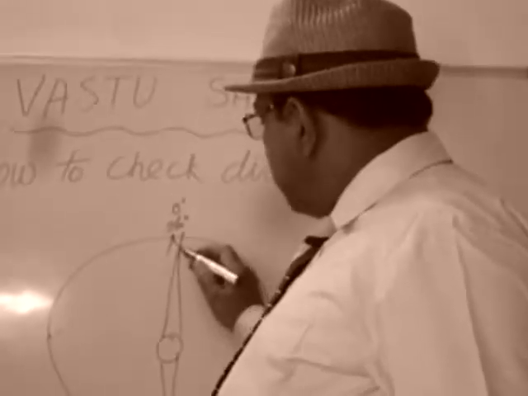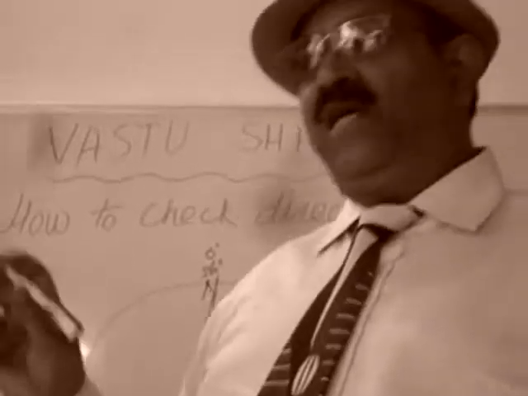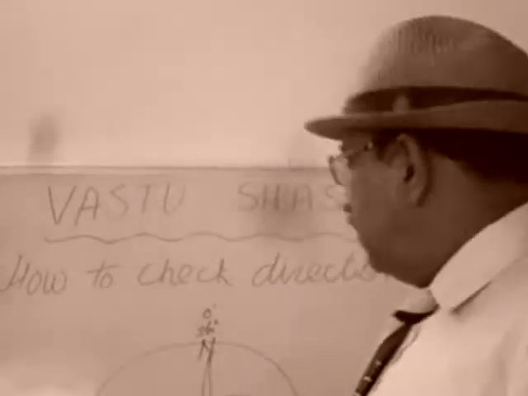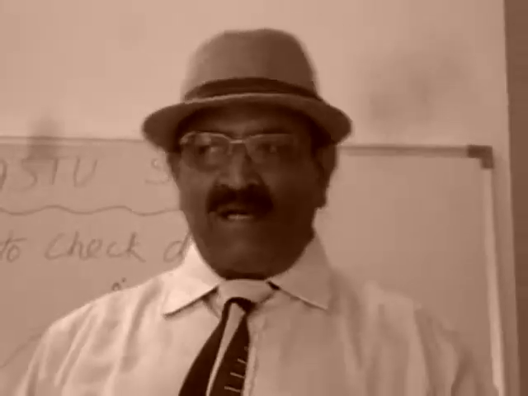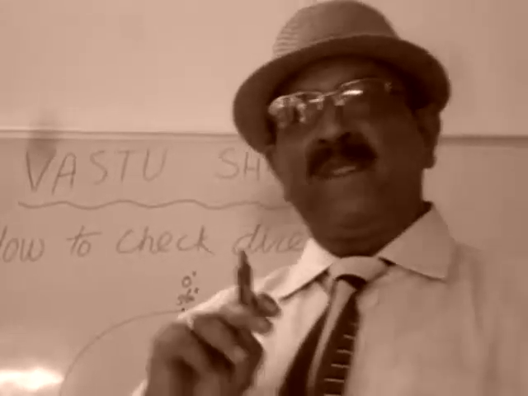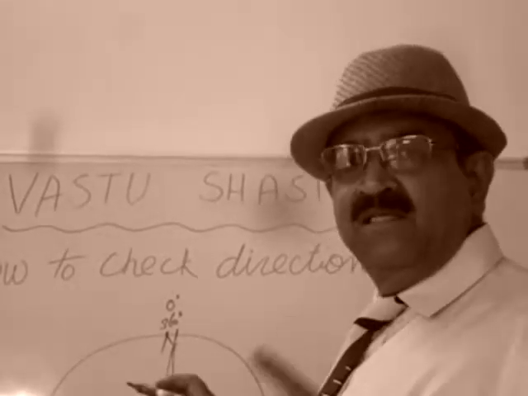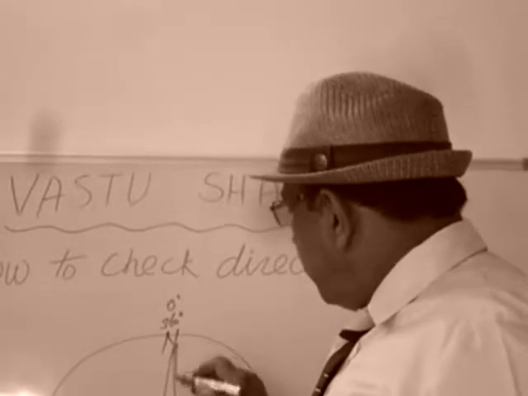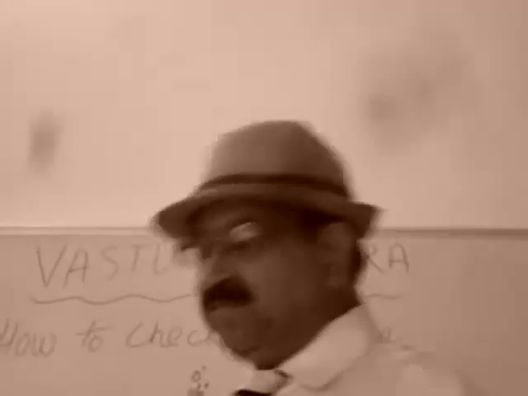If your compass is pointing towards something in some direction at some point, then you have to move your compass accordingly. Just move your compass right and left and make sure that the needle of the compass, where the red mark is, you shall find there is one red mark.